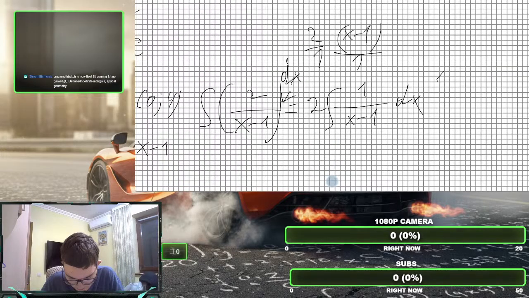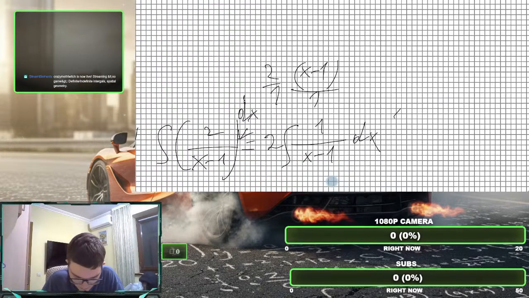Because if you do it like this, it's 2 there, and 1 divided by x minus 1 is just x minus 1 to a power, so you can't really do that. So basically, use substitution it is.